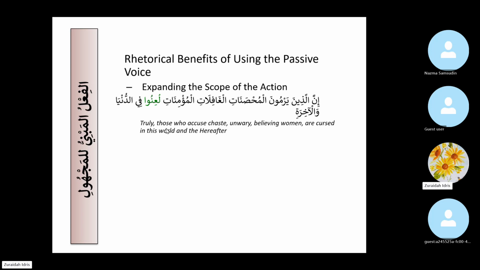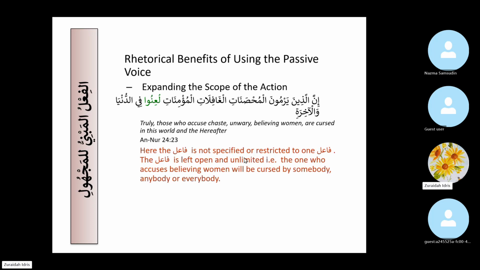So they're saying here, those who accuse believing women of doing all this are cursed in this world and the hereafter. It doesn't say who curses these people. It's just they're cursed. Yeah, they're just cursed. So here the doer is not specified or restricted to one doer. The doer is left open and unlimited.